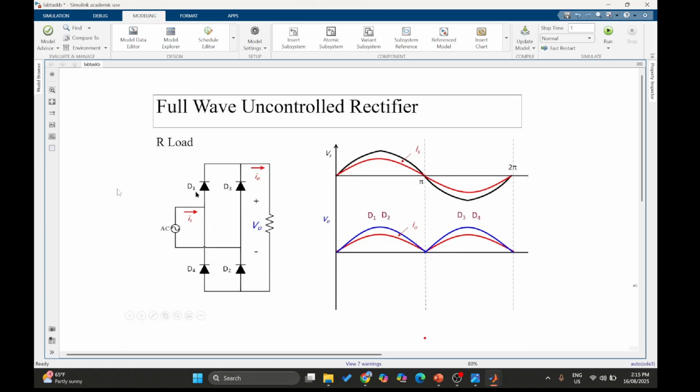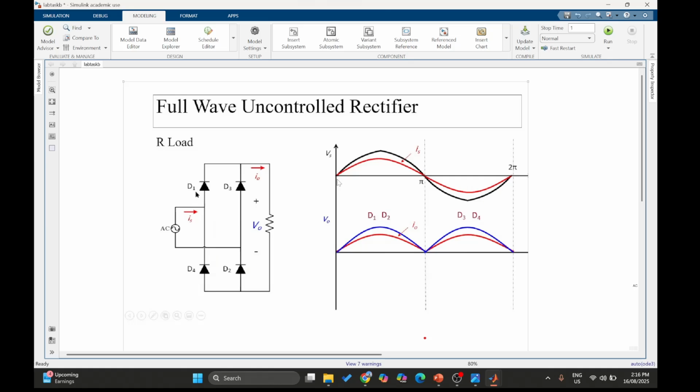Here we have an AC voltage source and we are using 4 diodes. You know that the AC source or AC voltage has a sinusoidal waveform, and it produces a positive and negative cycle of waveform.